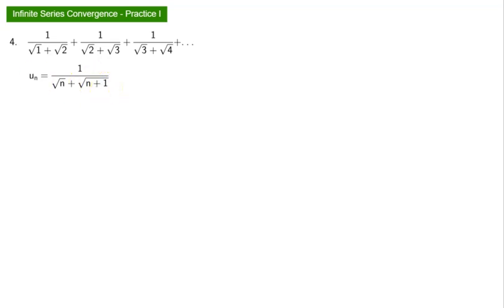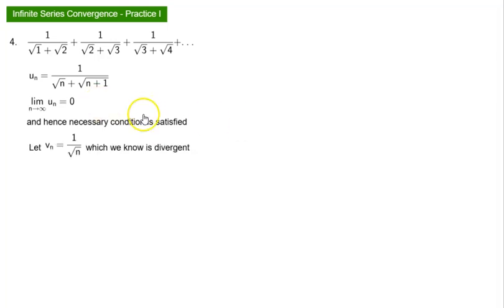Next step is to take the limit as n goes to infinity of U sub n. So when n goes to infinity, where does this go? It goes to 0. So which means the necessary condition is satisfied.